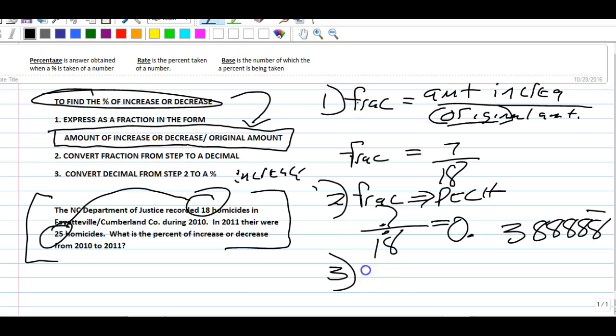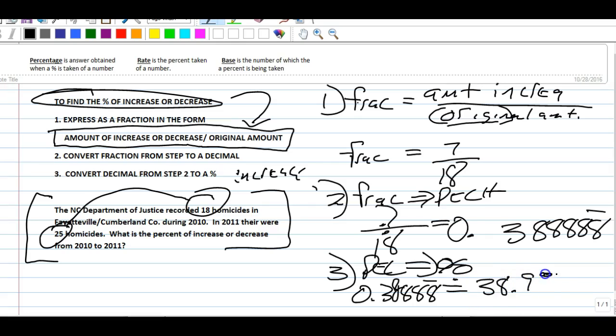So I want to go from a decimal to a percent. To change a decimal number to a percent, I move the decimal 2 places to the right. So that's approximately equal to, rounding off to the nearest tenth of a percent, 38.9%.